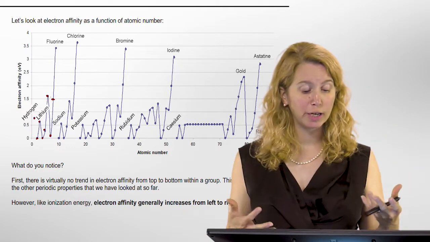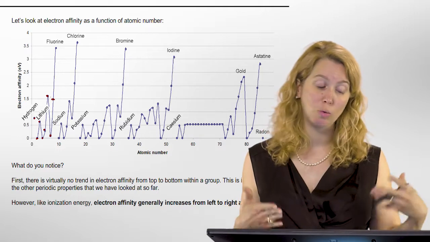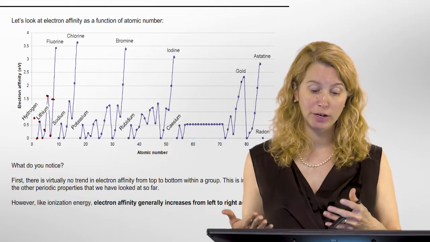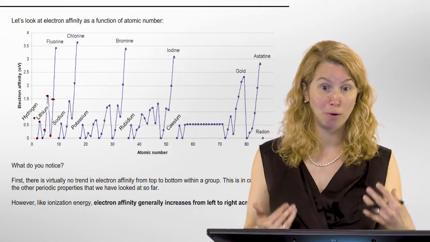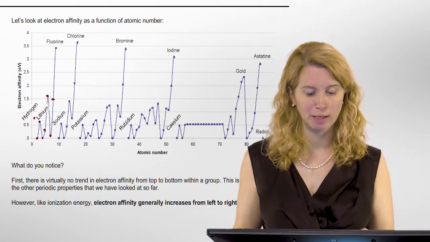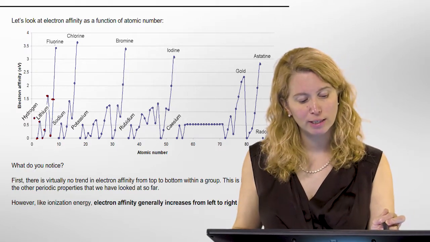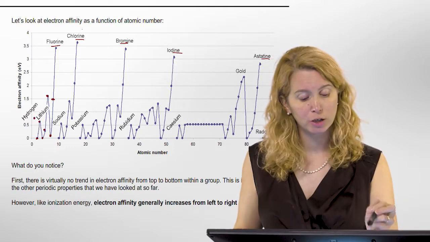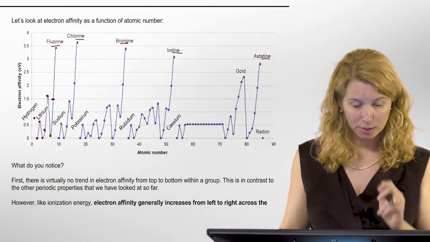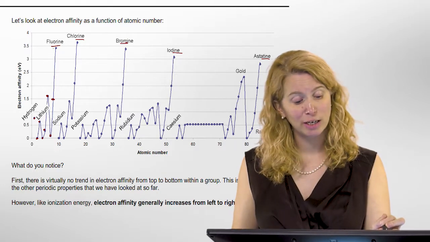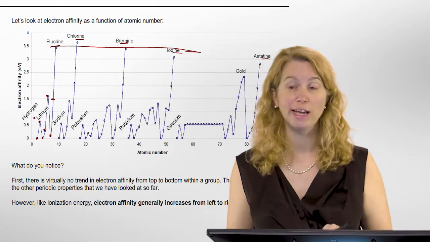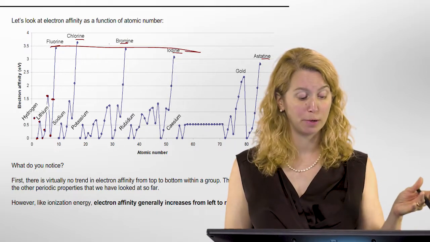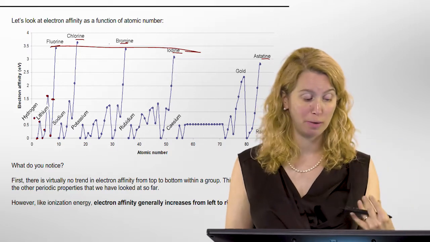When we're learning periodic trends, we typically look at what happens left to right across the periodic table and what happens top to bottom within a group. So conveniently for us, here at the top are our friends, the halogens: fluorine, chlorine, bromine, iodine. And you can see that there's very little change within a group as we move from the top to the bottom.